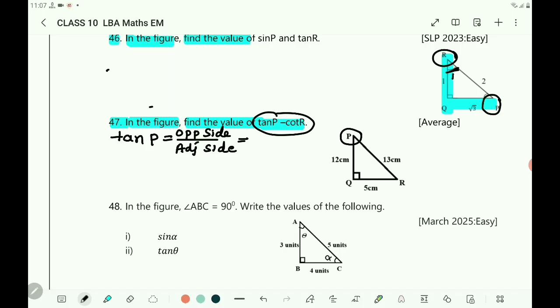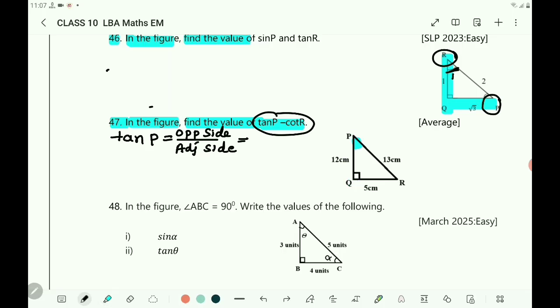For P, which is the opposite side? RQ is the opposite side and PQ is the adjacent side.